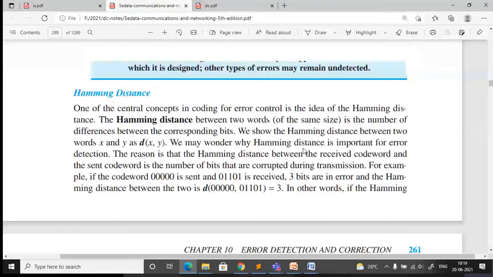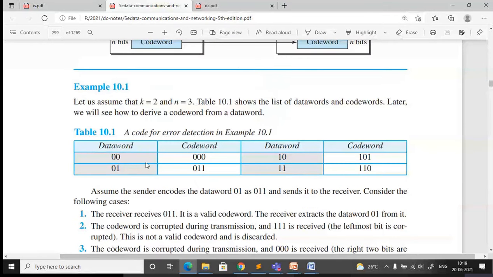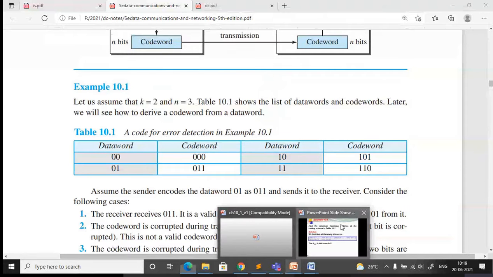Okay, so this is the table. For this, you are going to find out all possible combinations. Some of the combinations are taken here.